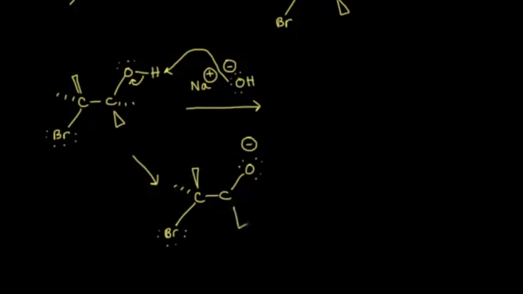So in the next step, we need to think about, again, the polarization in the bond between carbon and our halogen. Our halogen is more electronegative, so the halogen is going to take a little bit of the electron density in the bond between carbon and bromine, and therefore give the bromine a partial negative charge. This carbon is going to lose a little bit of electron density, so this carbon is actually partially positive.